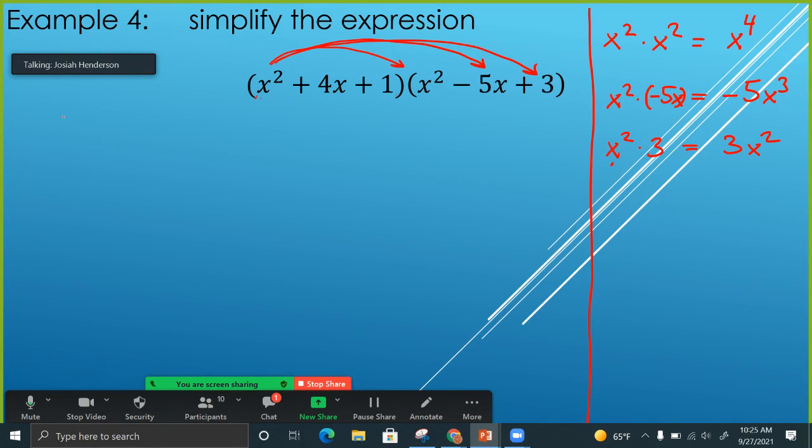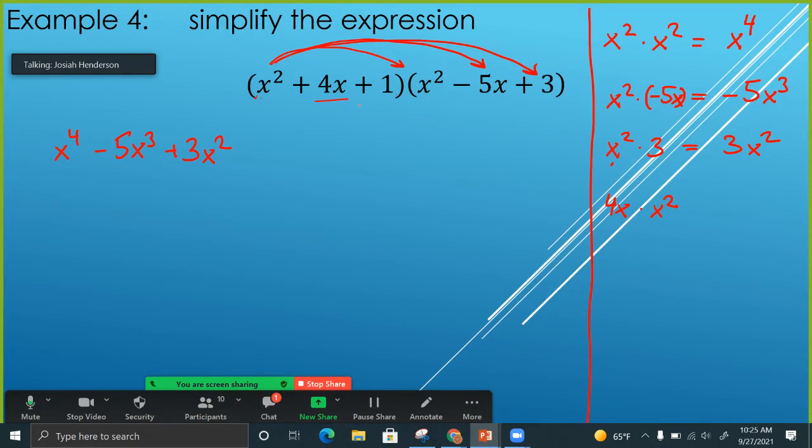So there's our first 3 terms, but we've got to do the 4x still, and then we've got to do the 1. So I'm going to write down what we have so far. Okay, now the 4x. Remember, it's everything in the first parentheses.